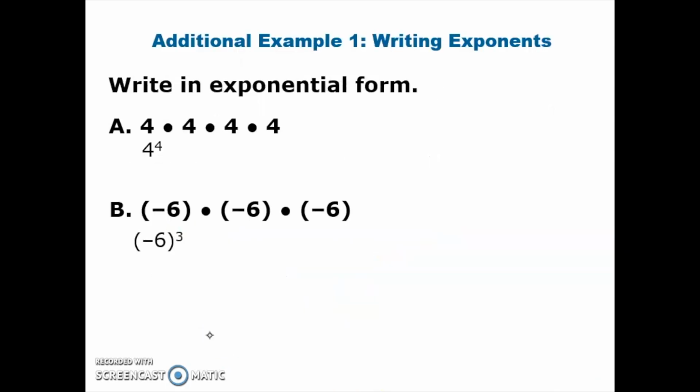Okay, so we're just going to look at some really basic examples here of repeated multiplication. So this step right here, this is called the repeated multiplication, where we have 4 times 4 times 4 times 4. That's called repeated multiplication.